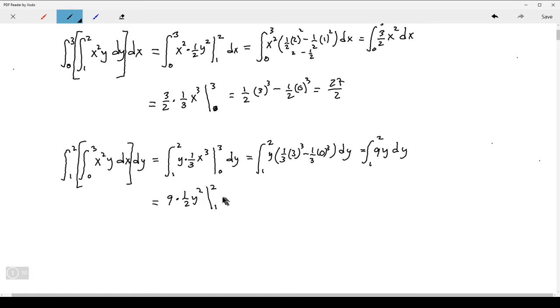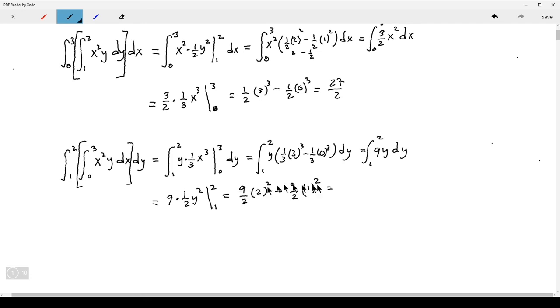All right, so this is going to be 9/2, 2 squared minus 9/2, 1 squared. So that's 4. So I can reduce that down, so that's 2.